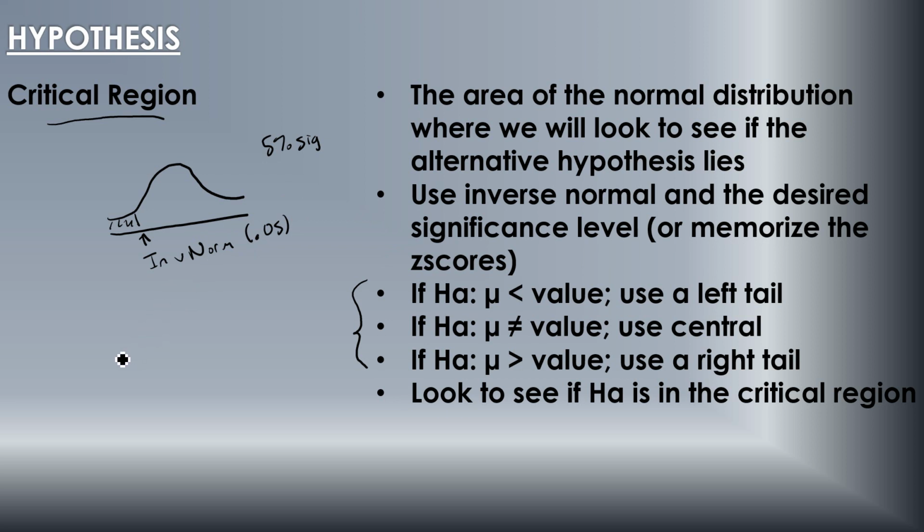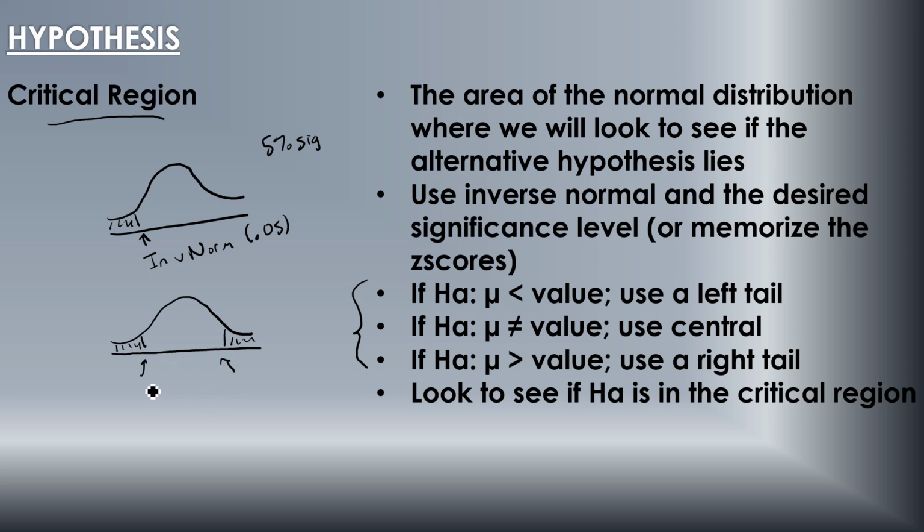Now, if the average is in the middle of something or not equal to something, I'm going to use a two-tail test or a central test. That's kind of deceptive the way I worded it there, central, because I'm actually looking at both tail ends. So let's say I'm doing 5% significance again. I'm going to need to know this z value and this z value.